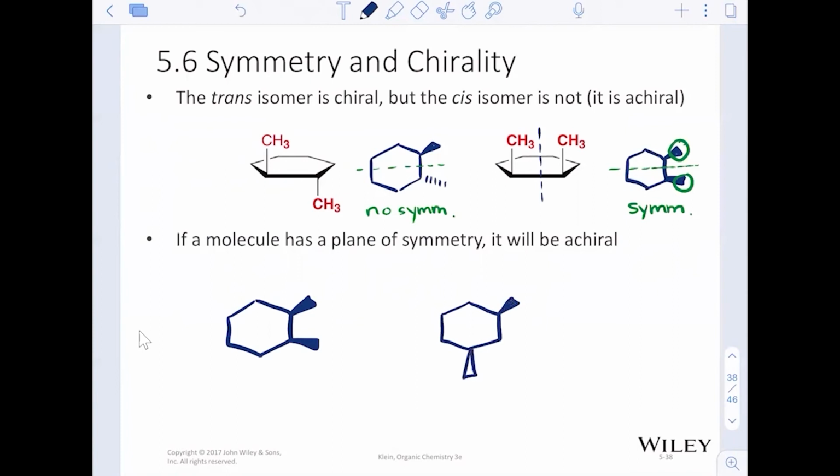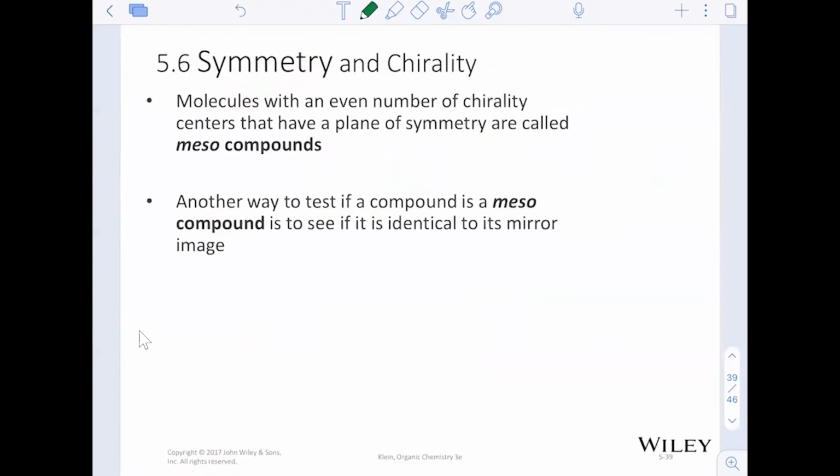Same thing here. Cis, 2 identical groups. Where's the symmetry? Right there. We've got to practice finding this symmetry because that means that this compound is achiral. Same with the other one. The 1,2 dimethyl is achiral, and so is the 1,3 dimethyl when they're cis.